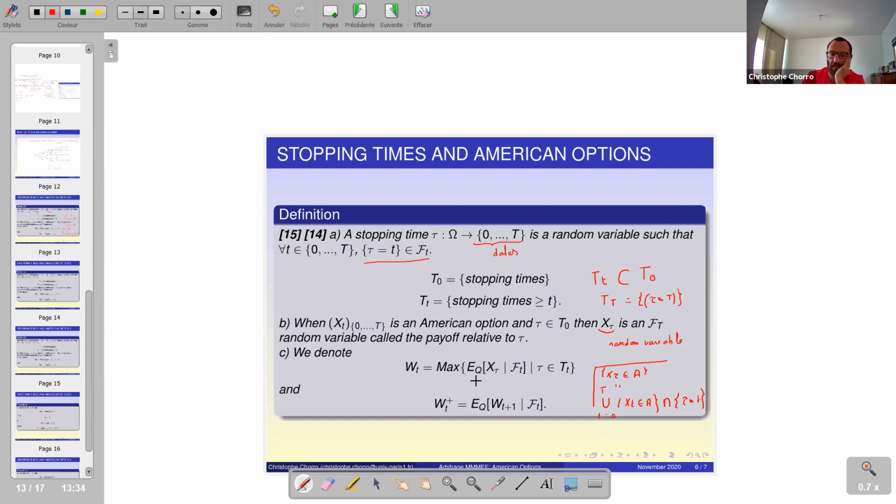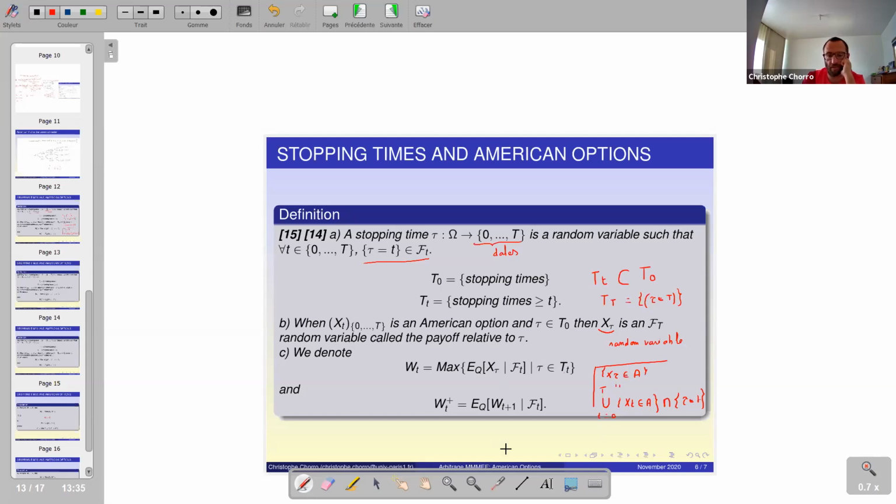So you try to maximize your payoff at time t with respect to all the possible choices you can make at time small t, that is, to choose among the stopping times that are greater than t.